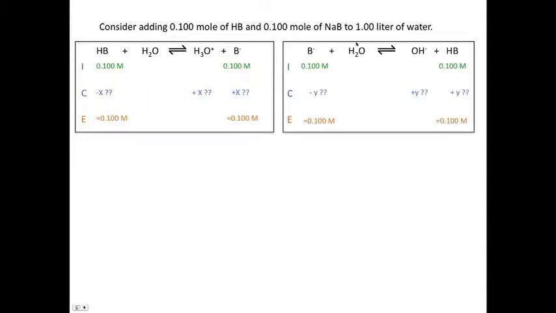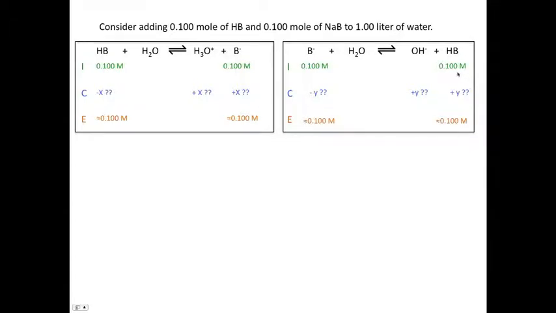On the other hand, we could say no, B minus says no, I'm the weak base, I'm going to do my behavior equation. And I'm going to create some additional HB. So the question really, you can see down here, what does happen? Is it the HB that controls this situation, or is it the B minus?